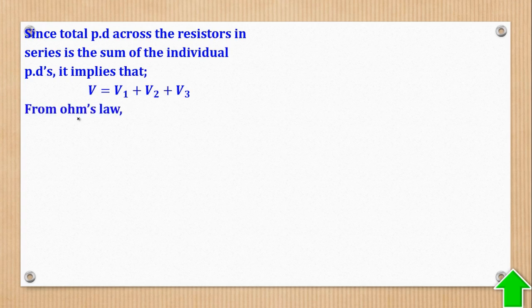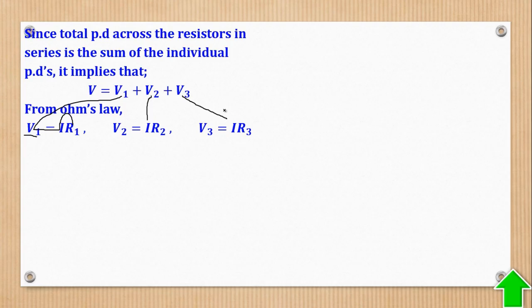Now, from Ohm's law, V is equal to IR. So V1 will be the current I flowing through the resistor R1, so V1 is IR1. Then V2 will be IR2, V3 will be IR3. I is the same because the same current flows through them.